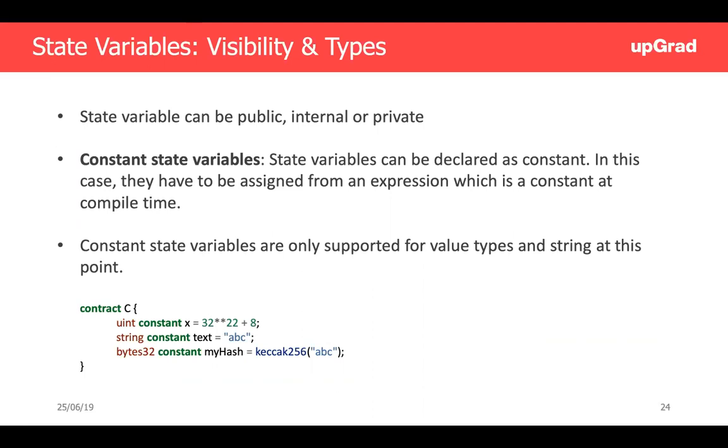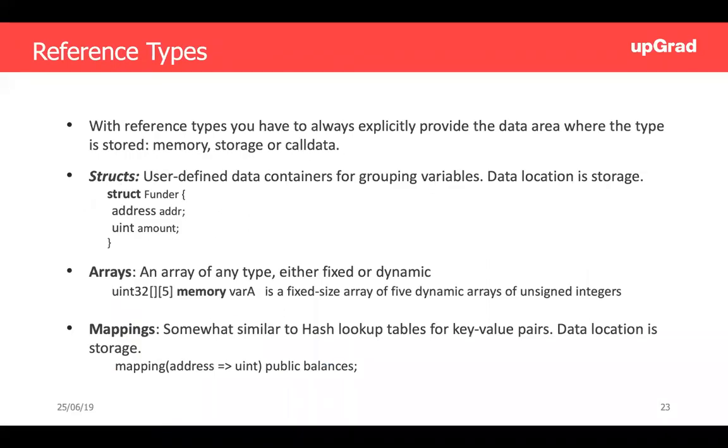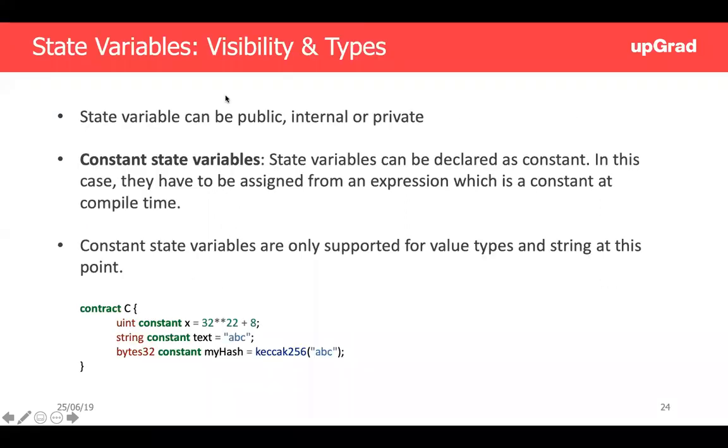So the next thing to look at is these state variables, and we will be looking at the different visibility and types of these state variables. While you were looking at some of the examples, you saw things like I defined a variable and then said something like memory ahead of it, or public ahead of it. This is where you define what the visibility criteria is and what is the type of that particular variable.